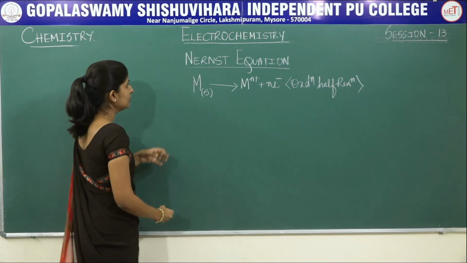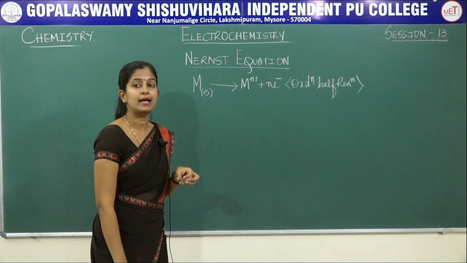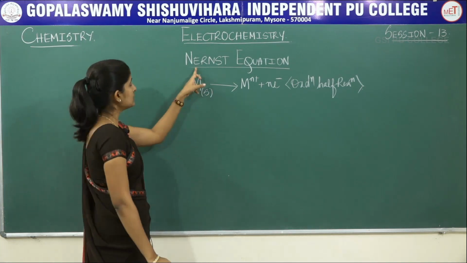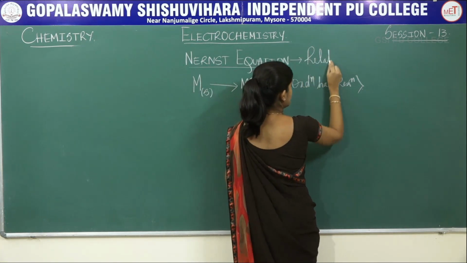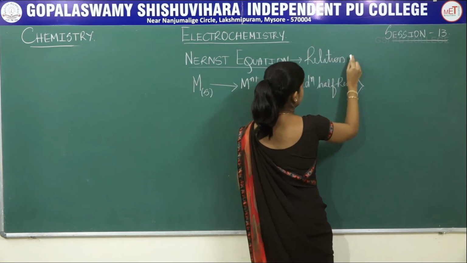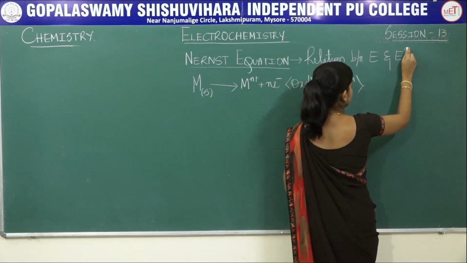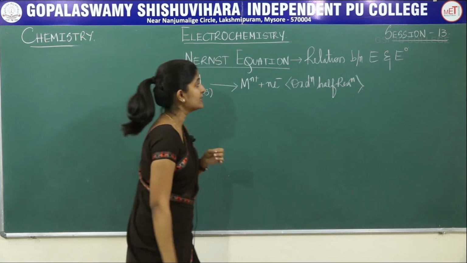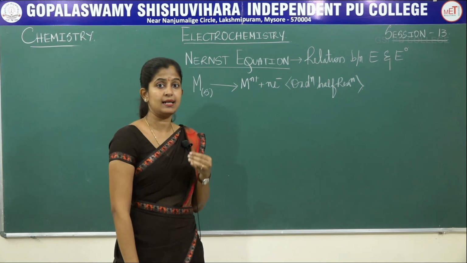So the Nernst equation is a relationship between the cell potential and standard cell potential. That is, this Nernst equation gives a relationship between E and E naught. What is E? E is your cell potential. What is E naught? E naught is your standard cell potential.